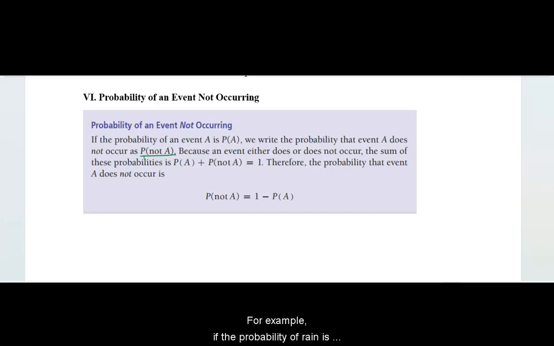For example, if the probability of rain is 30%, the probability of not rain would be 70%. It's what's left over out of the 100. So to find not A, you just subtract it from 1, or if you're looking at percents, from 100%. You just subtract it from the total.